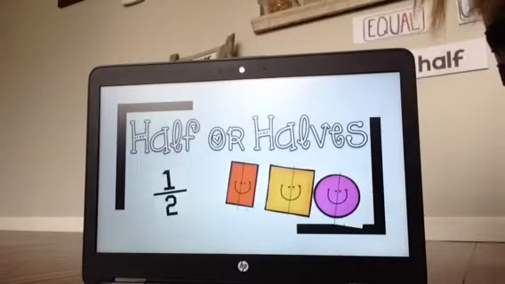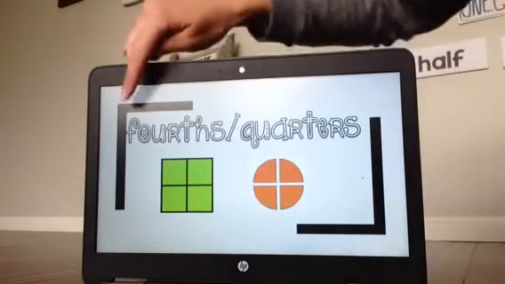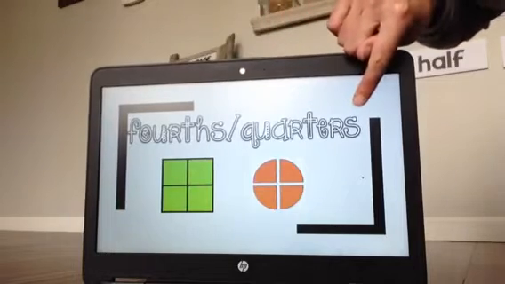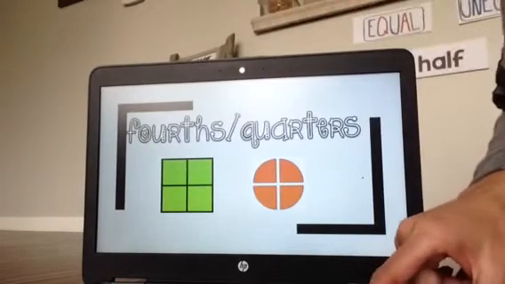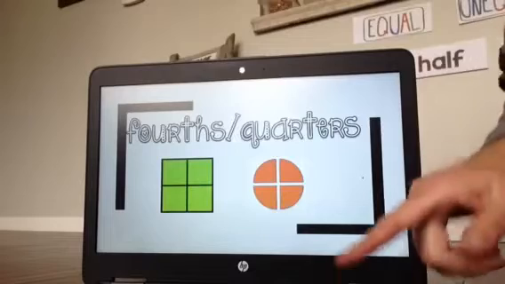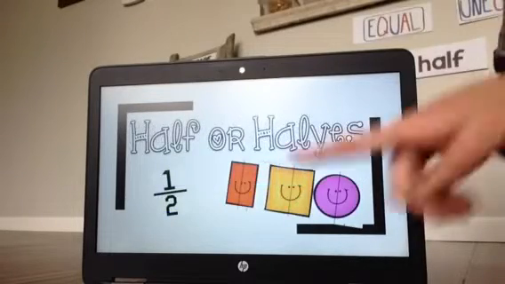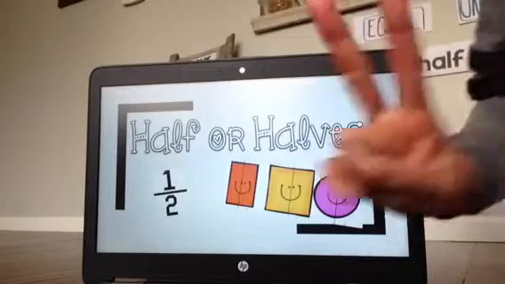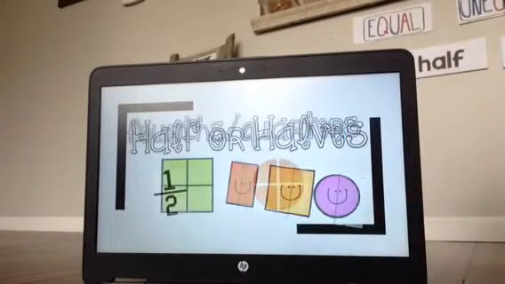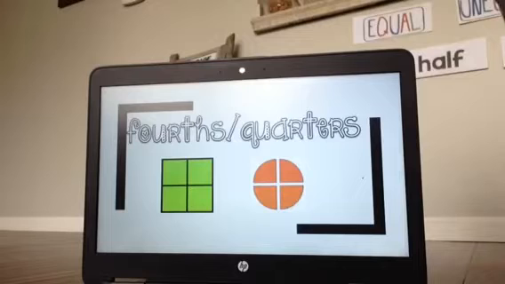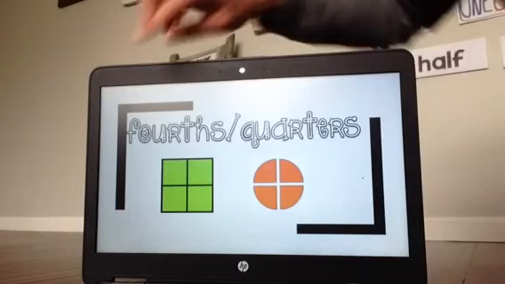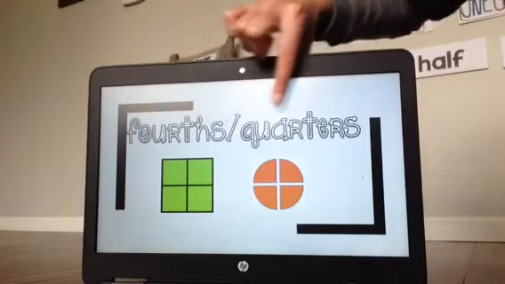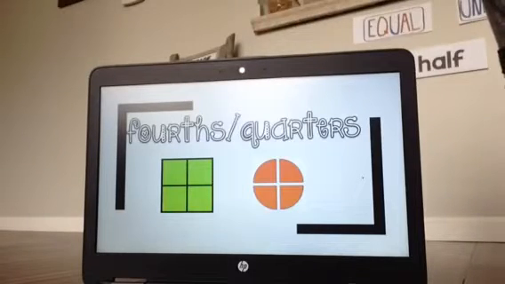So we learned about whole, and we learned about half or halves. The next vocabulary word that we're going to be looking at today is the word fourths or quarters, because we can use them interchangeably. Now let's go back and take a second to re-look at halves. We notice that halves are when shapes or something is divided into 2. How many parts do you think a shape might be divided in if we say that there are fourths or quarters? I'll give you a second. If you need a hint, look at these shapes.